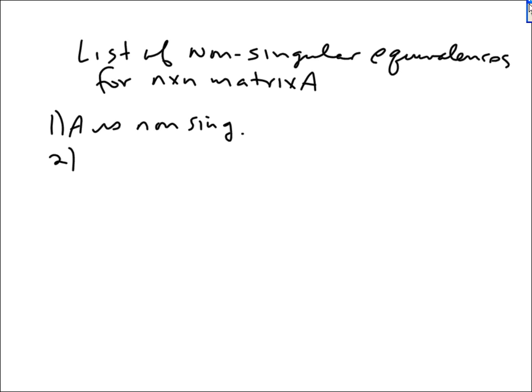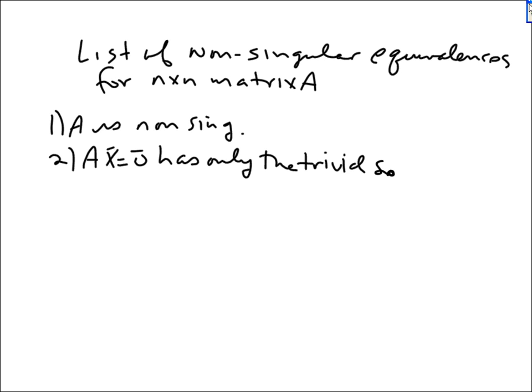That's the same as AX equals 0 has only the trivial solution. A is an n by n matrix, and it's row equivalent to the n by n identity matrix.